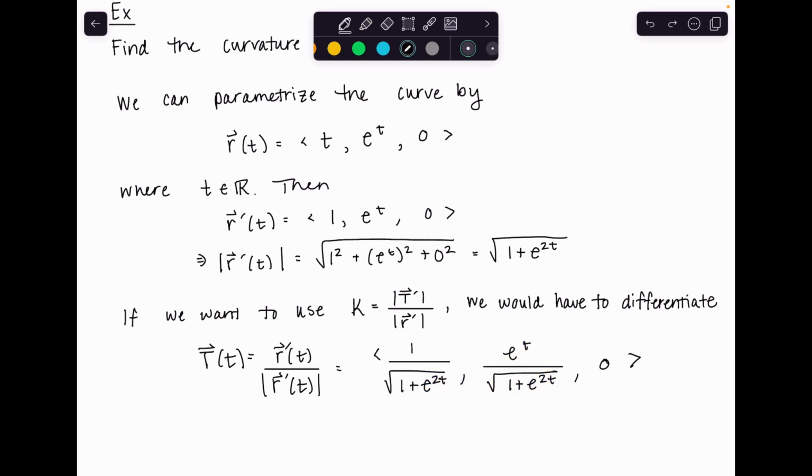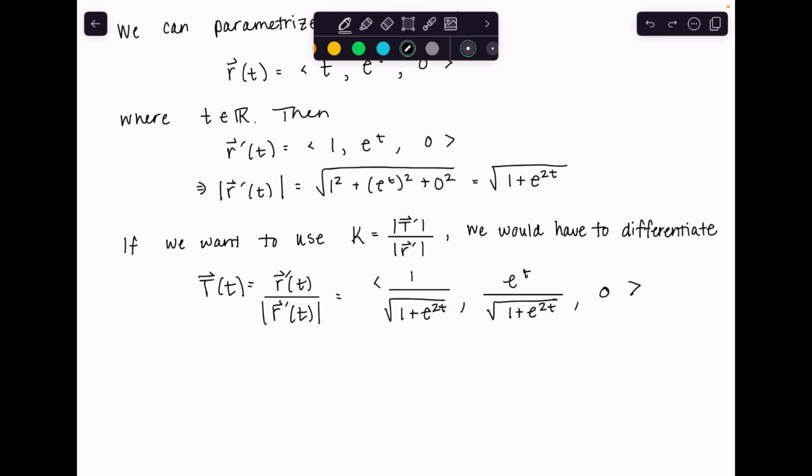So if I want to use this formula, you'd have to differentiate this vector function, which would be messy. So because the magnitude of r prime does not condense nicely, I'm not going to use this formula for curvature.